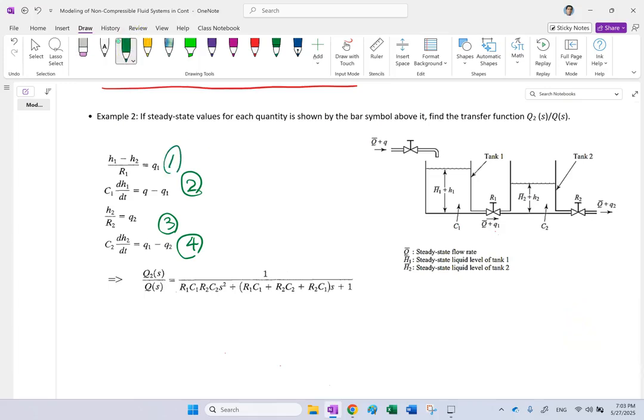So remember, the goal is Q2. That's what we care about. So we have to get rid of Q1 and H1 and H2. How do we get rid of Q1? Directly using equation 1. Wherever I see Q1, I replace it by H1 minus H2 over R. So that is going to sit here, and it is going to sit right there. Okay, so that is going to get rid of Q1.